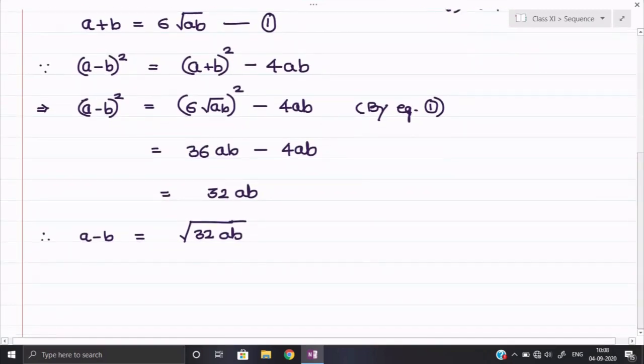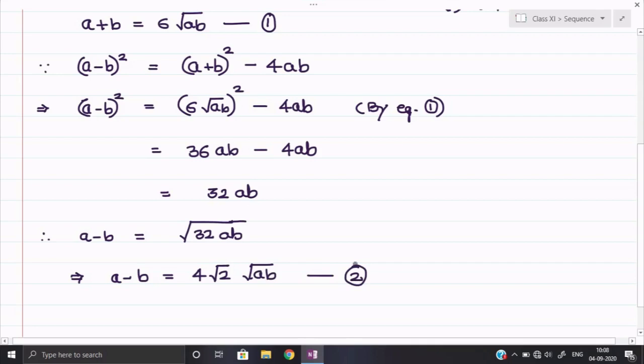Now simplify a little more. So a minus b will be equal to under root of 32ab. We can write 32 as 4 into 4 into 2. One pair of 4 is complete, so that comes outside and 2 remains inside, and moreover it remains under root of ab. This is equation number 2.